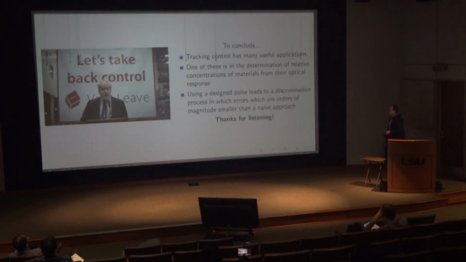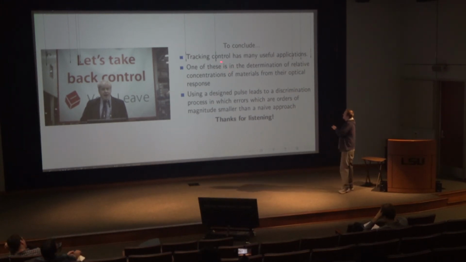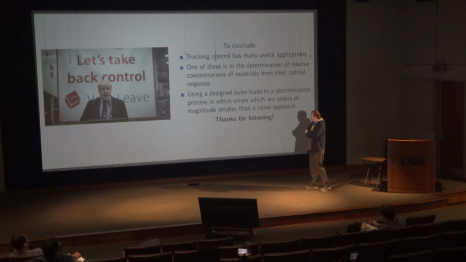So, to summarise, since this is a talk about control, I thought I'd show you someone who has none of it. What we've done here is we've used this tracking control method in quantum mechanics and applied it to a specific problem of determining the relative concentrations of a mixture.